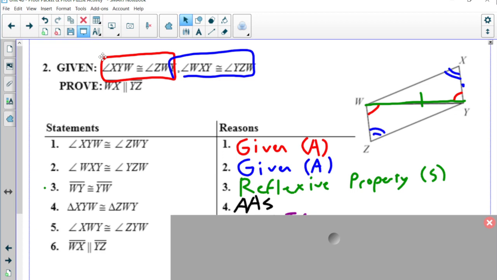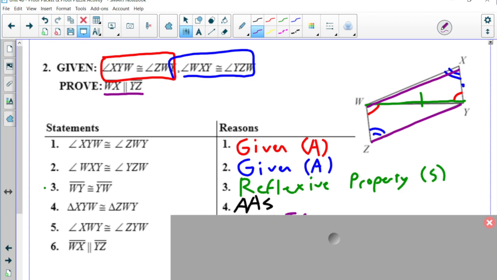Now, after that, we're being asked to prove that these lines are parallel. Remember, that's what those railroad tracks mean. So we have W to X here and Y to Z here.